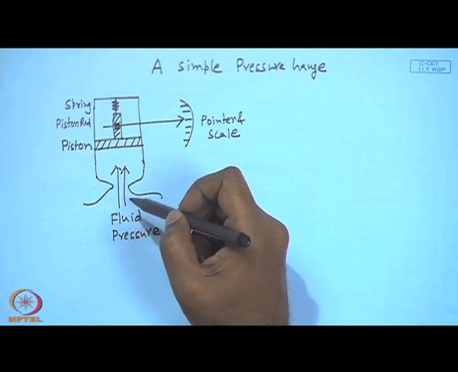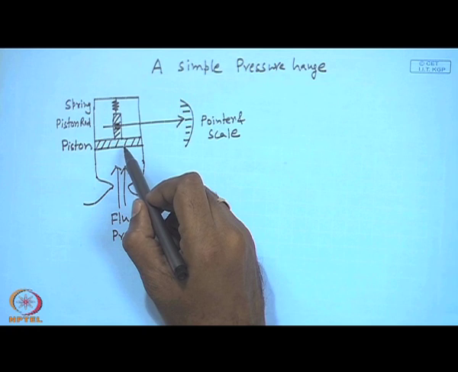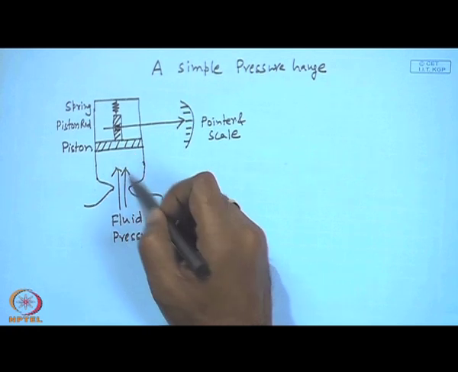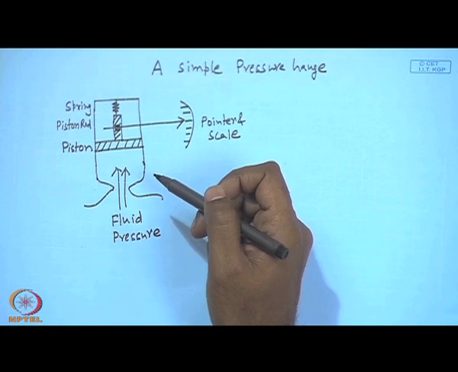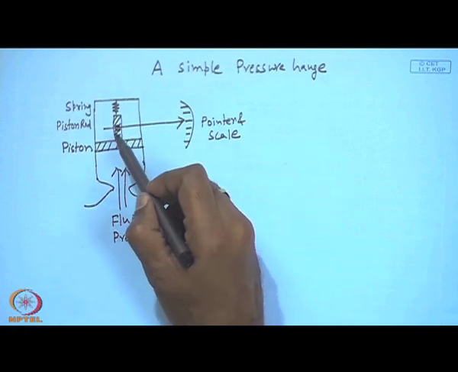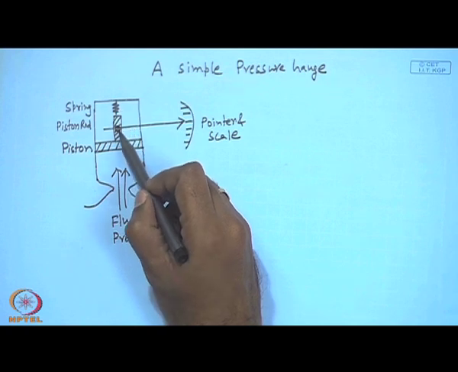So, how does this work? The fluid pressure acts on the piston surface, so force will be developed. That force is transmitted through the spring through this piston rod.